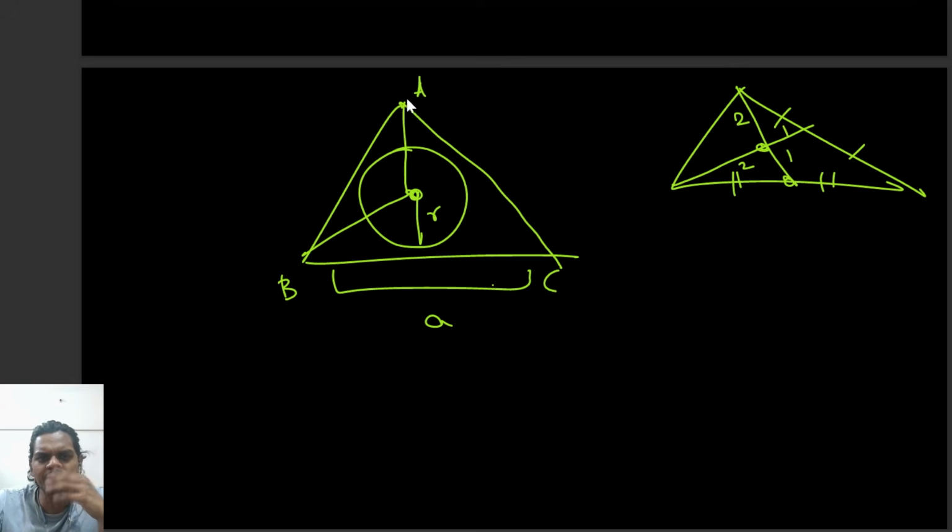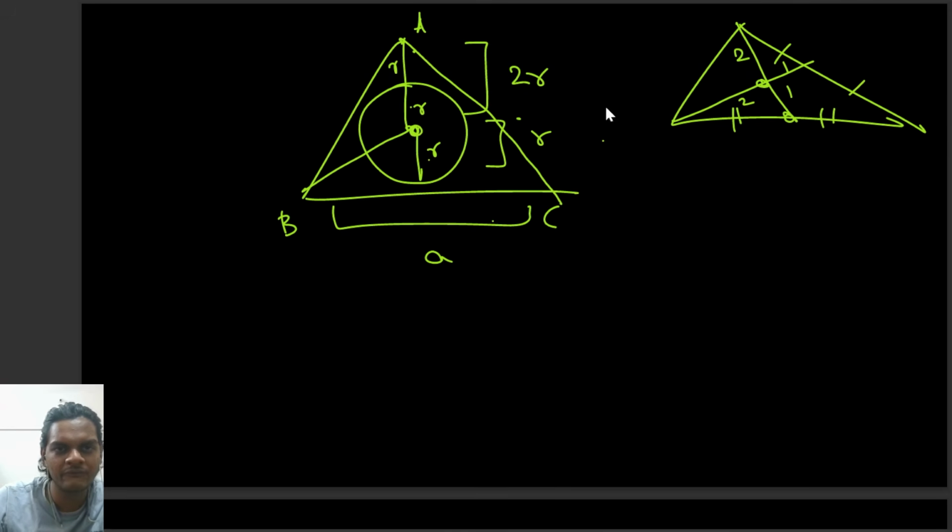So since in an equilateral triangle centroid, incenter, everything is the same, and medians and angle bisectors are the same, we have that this is 2:1 ratio. So this is 2R and this is R. In other words, since this is R, this is also R.